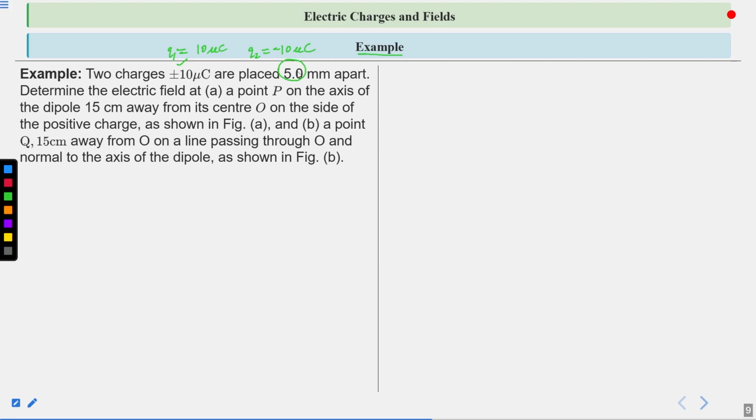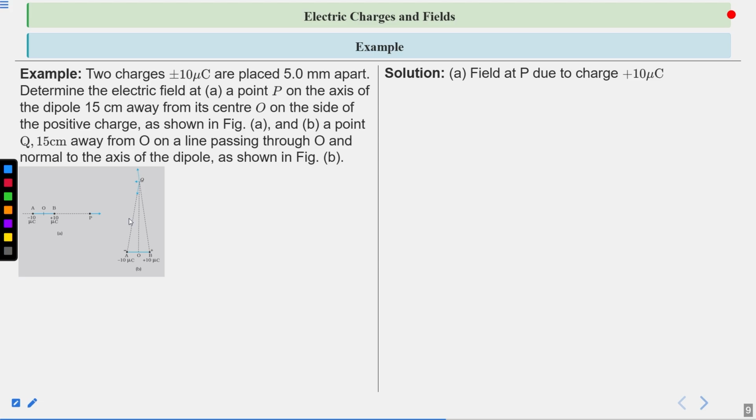Determine the electric field, first, at a point P on the axis of the dipole, 15 centimeter away from its center O, on the side of the positive charge, as shown in figure A. And second, at a point Q, 15 centimeter away from O on a line passing through O and normal to the axis of the dipole, as shown in figure B. So we have two figures, A and B, and we have to find the correct answer.